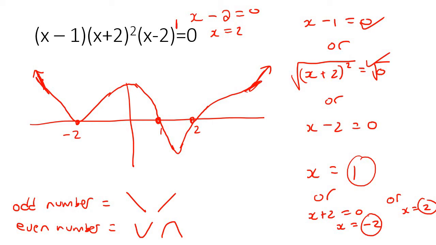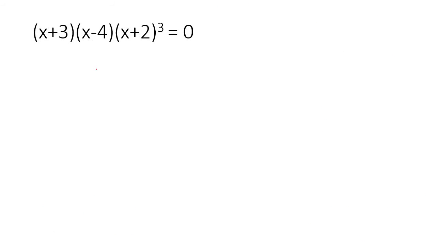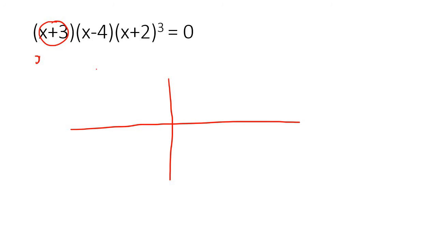Let's do another example. So here with this one, we can quickly do a little sketch. If you had to solve this one for 0, you would get x equals -3. So that's over here. If you solve this one, you would get that x is equal to 4. So that would be over here.